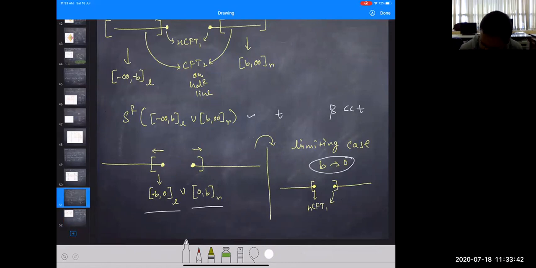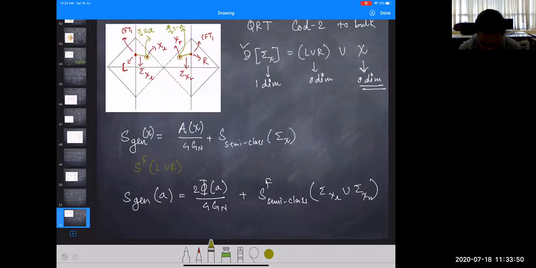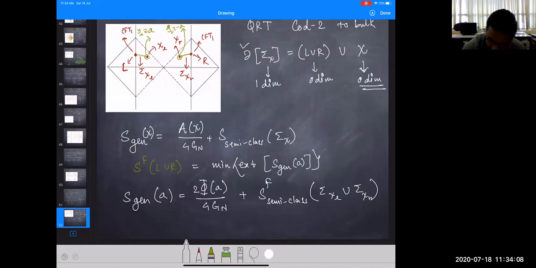That means I'm just taking the system L, which is this, and system R. So I take the LR system, and I want to find out the fine-grained entropy of those systems. And what I do is I have to first extremize, and then minimize the S generalized of A, where A is given by the formula that I've written before below.